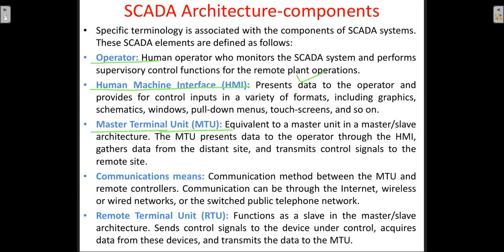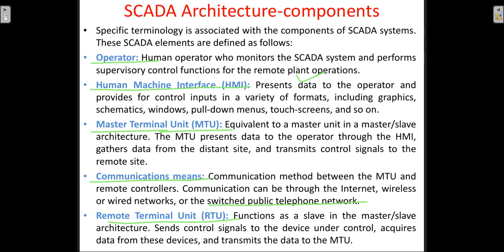Then you have got the communication channels, the communication method between the MTU and remote controllers. Communication can be through the internet, wireless or wired network, or even the public telephone networks. Then you have got the remote terminal unit. This remote terminal unit functions as a slave in the master slave architecture.